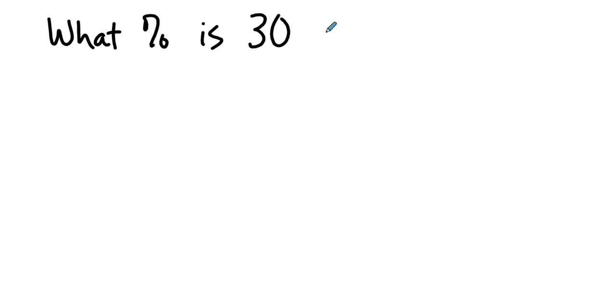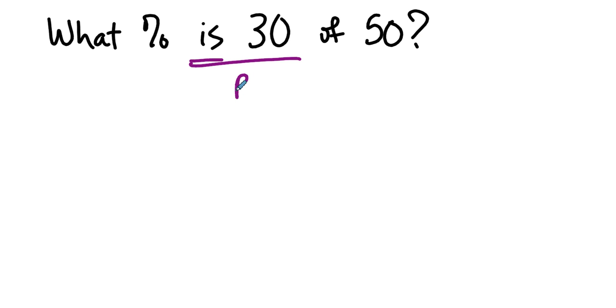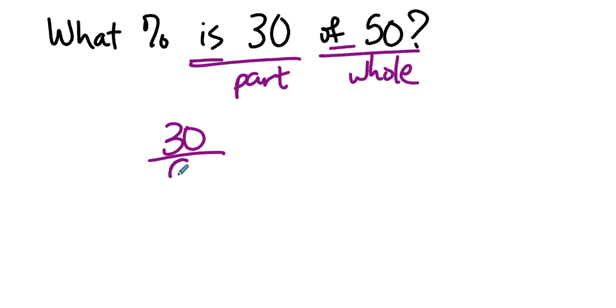What percent is 30 of 50? Now, this is a scenario where we know the part and we know the whole, but we don't know the percent. So the part compares to the whole as the percent compares to 100.